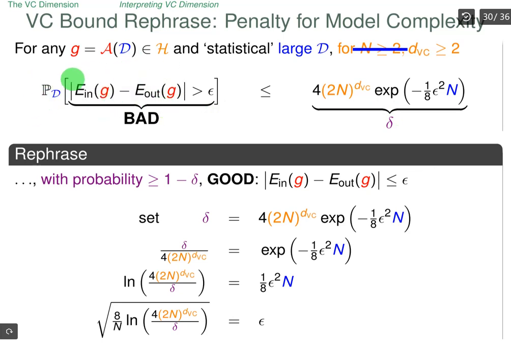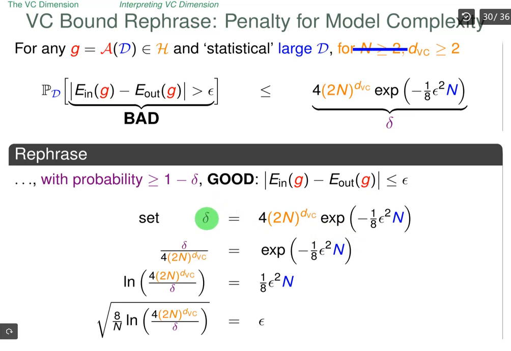If we rephrase this, we can say with probability greater than 1 minus delta, we are making a good event. The good event is the following case: in sample differs from out of sample by less than or equal to epsilon, while here it is greater than epsilon.